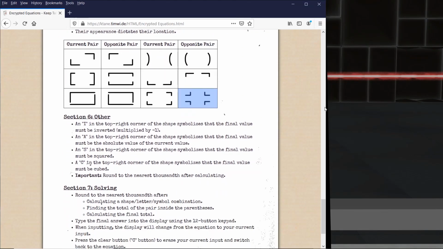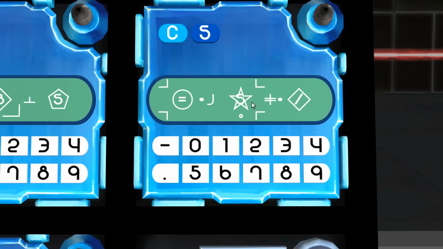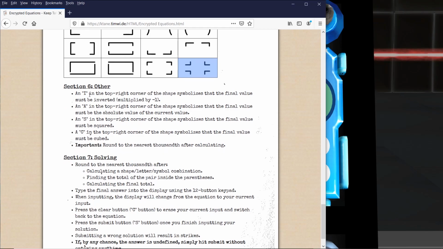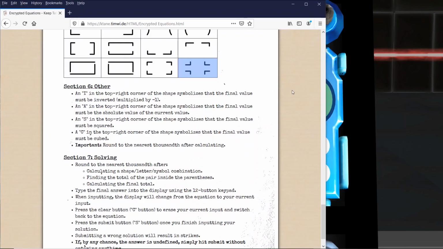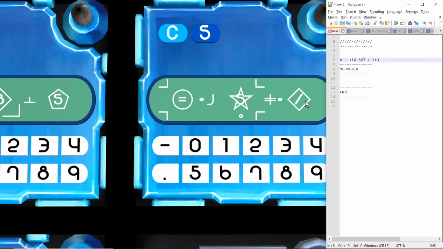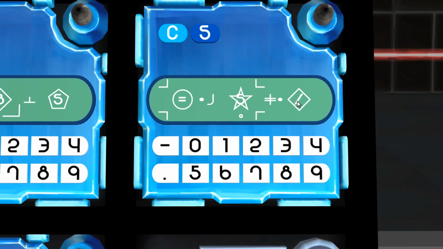Now, I said second to last thing, but for this example, this is the last thing, because there can be letters that are top right of each symbol. So if there's an I, top right of one of these, you multiply your final value of the symbol, not of the equation, by -1.